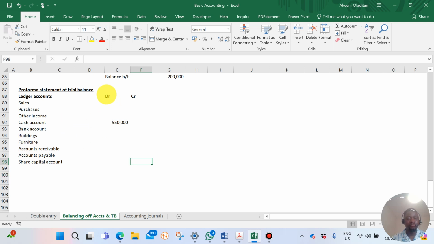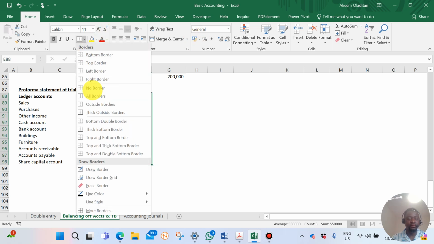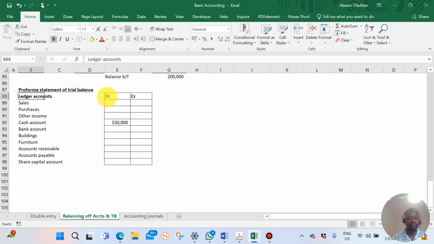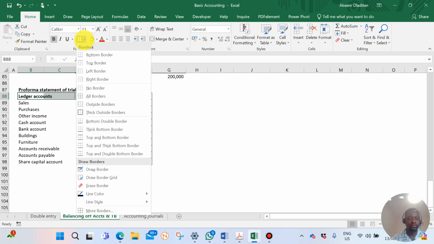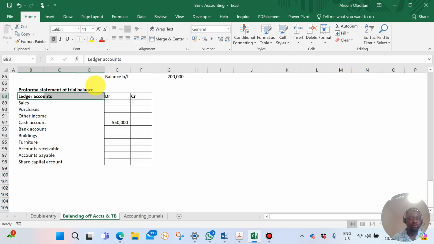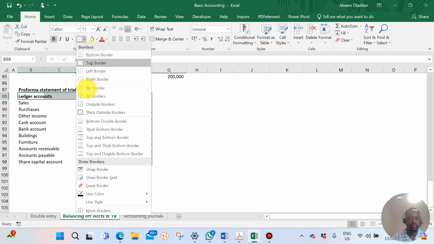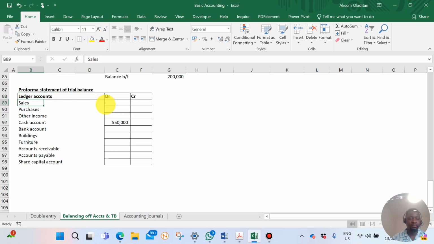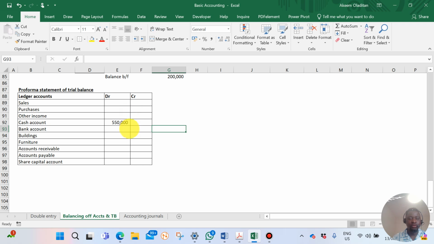Let me put borders so that we can see. So our capital account is on the credit side.